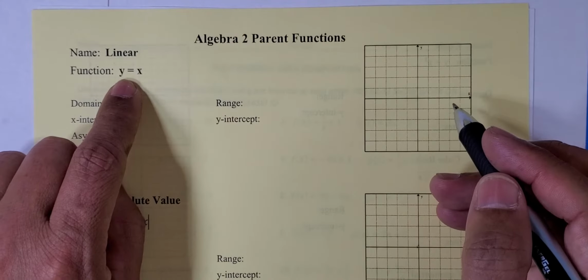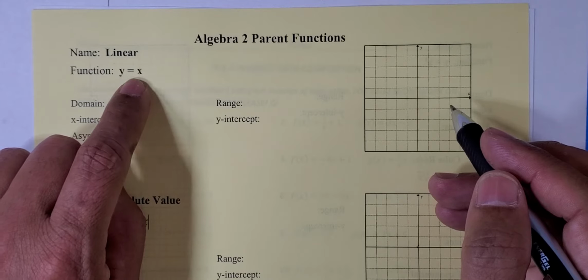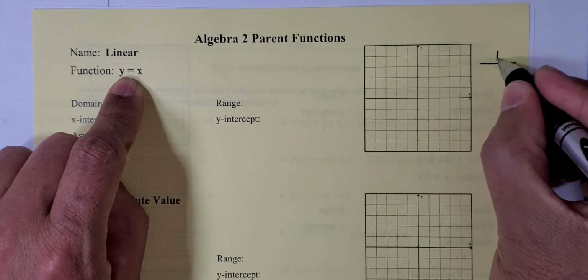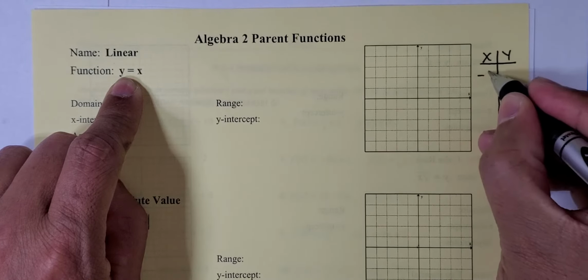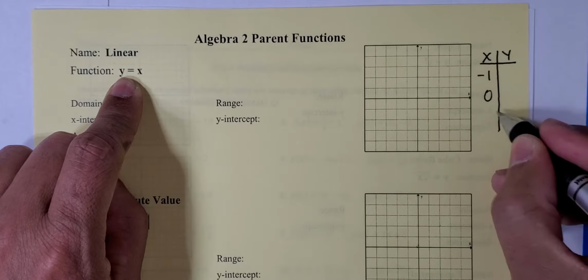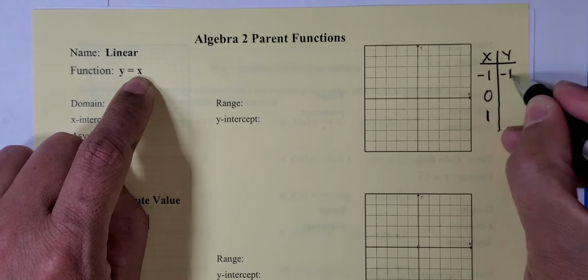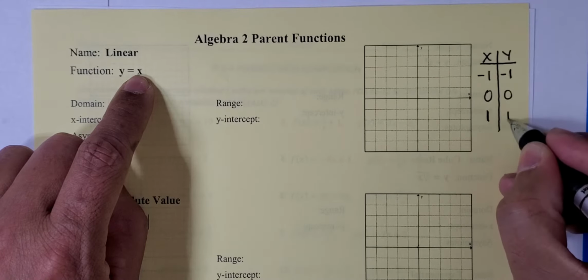Okay, so this is a parent function, this is a linear equation, which means when you graph this, this one is going to be a line. So let me just do a table, and I'm just going to have three values here. Okay, so x values and y values, -1, 0, 1, and when x is -1, y is also -1. When x is 0, y is also 0, and when x is 1, y is 1.